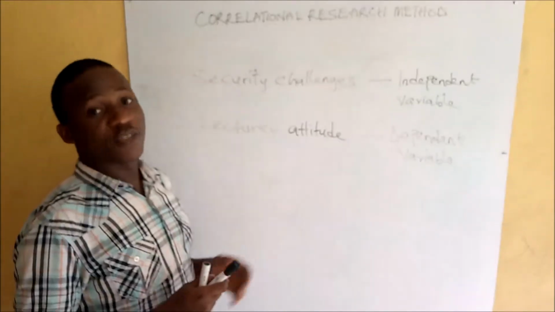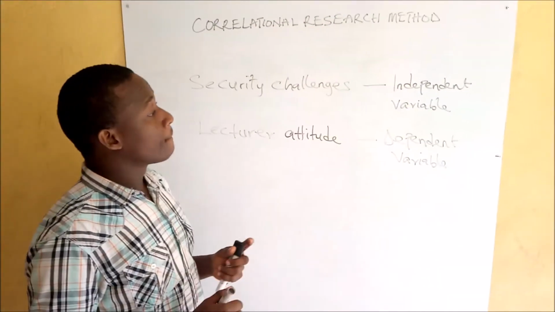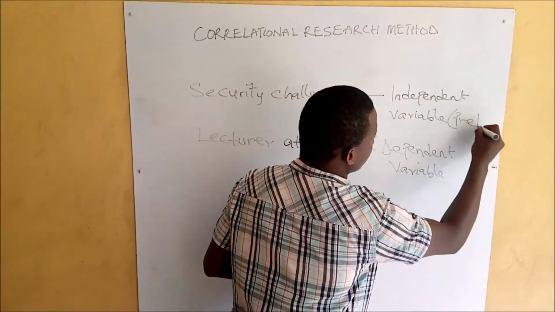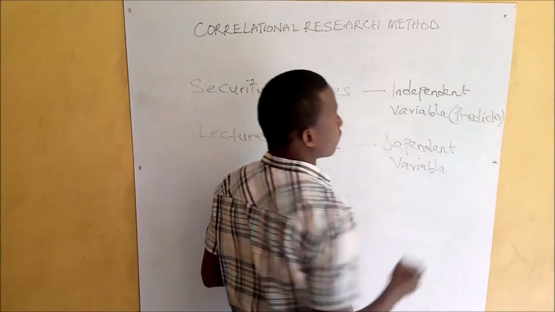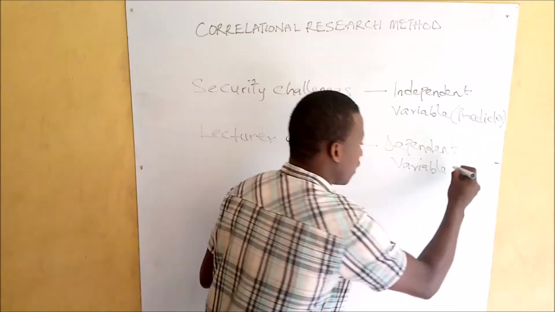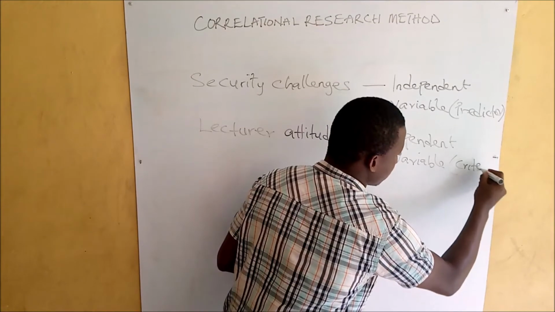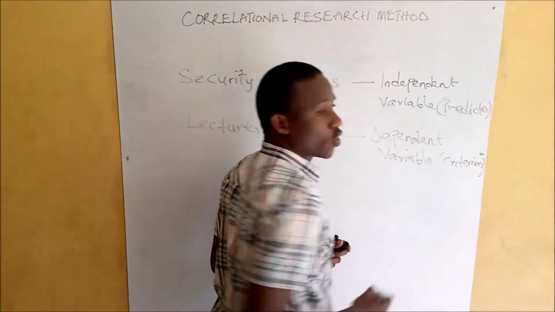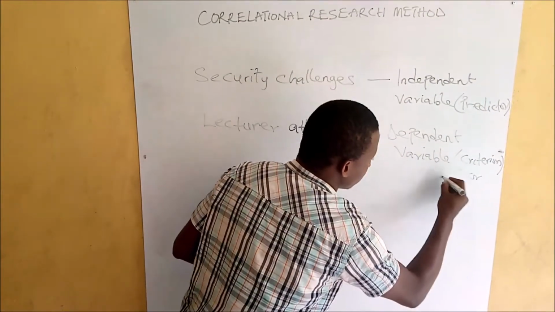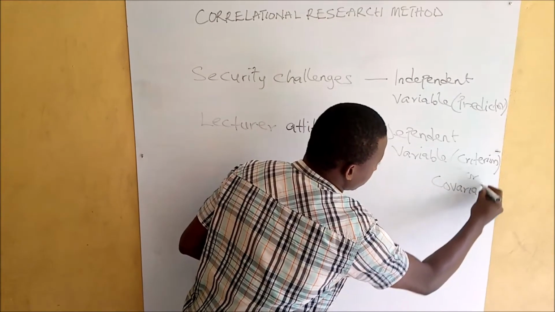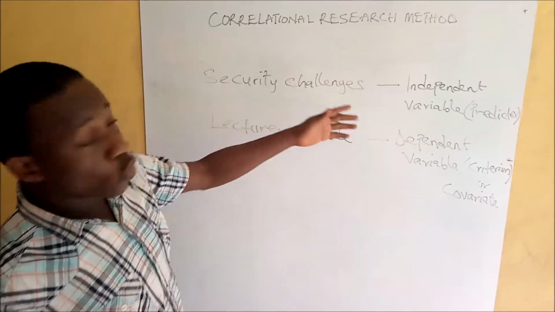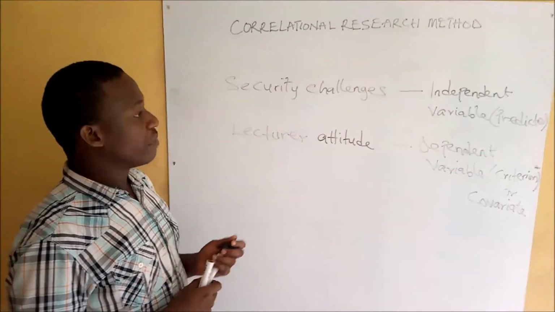But in correlational research method, the independent variable is called a predictor, and the dependent variable is called a criterion variable. Some authors call it covariant variable. So this is what you come across in correlational research method.